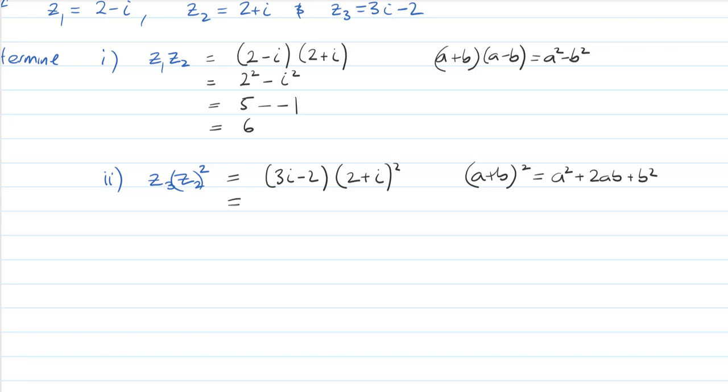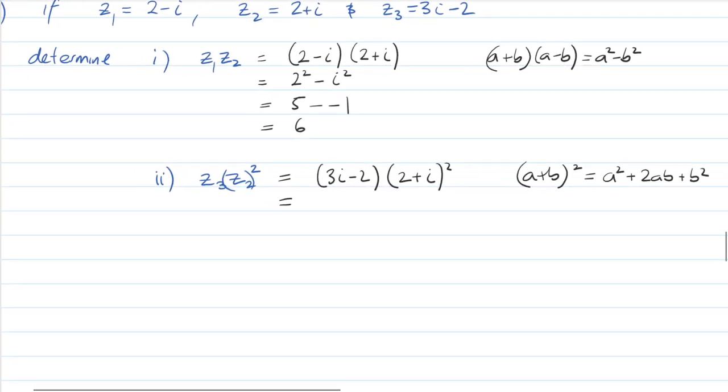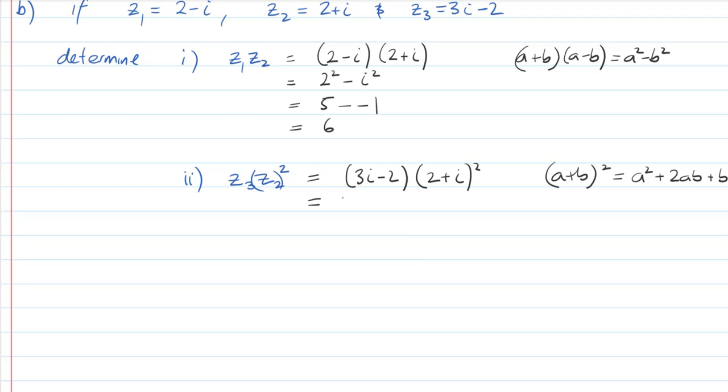It doesn't actually really save us that much time, but that is our perfect square expansion. So I'm going to do that. I'm going to start by expanding this square here, and it gives me 2 squared, which is 4, plus 2 times a times b, which is 4i, and then plus i squared.